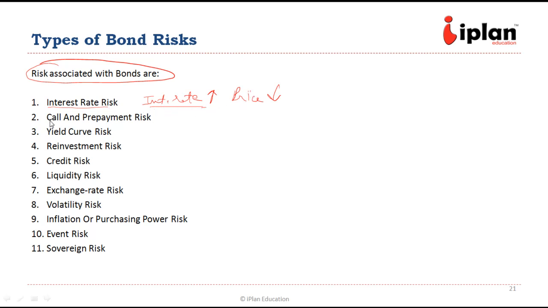There could be call and prepayment risk. This occurs when the interest rate falls and the borrower plans to fund its needs from some other sources and pay back the loan which it has already raised. So that is one risk.